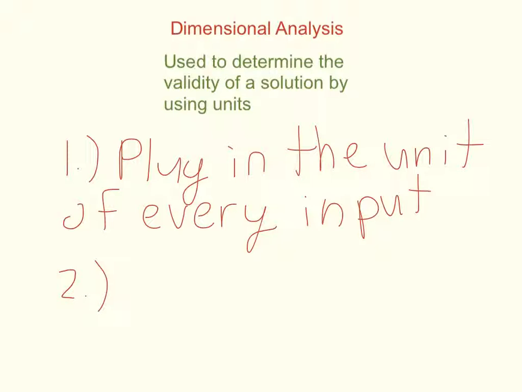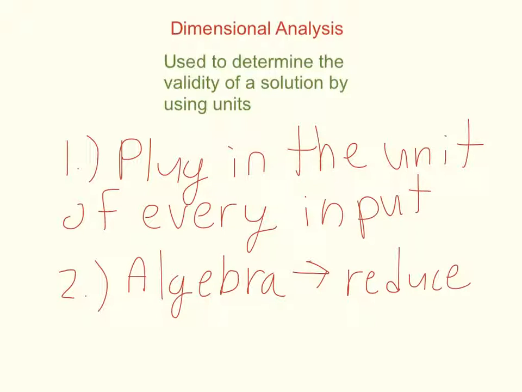All right, and after you have plugged in for every input with a unit, we are then going to use some algebra. And with that algebra, we're going to reduce the units that we've put in from step 1 to see the final answer, and what our units will be for that final answer.